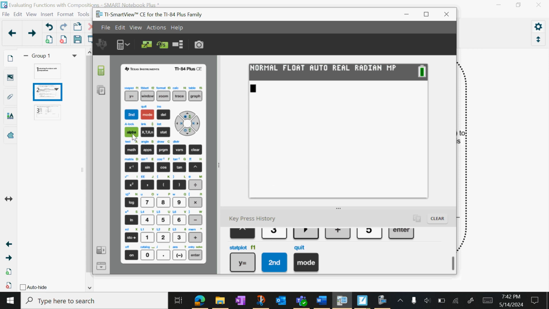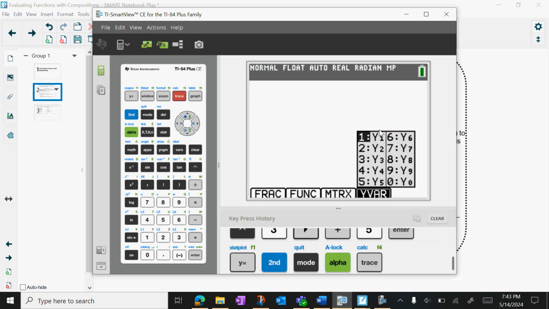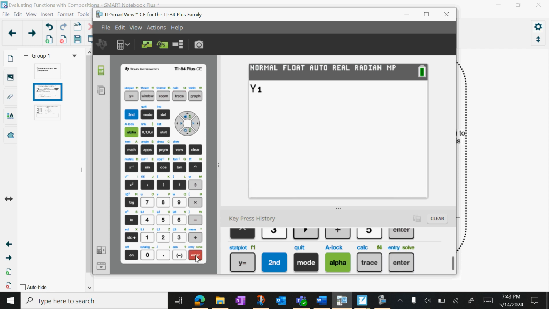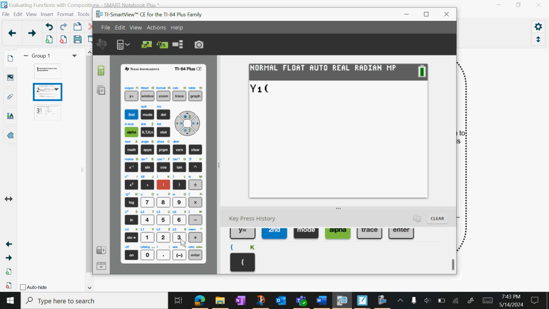Now I'm going to hit alpha trace y1. So this tells your calculator that I'm taking y1, which we put the function 3x cubed plus 5 in. I'm going to open up parentheses and put 3 in parentheses, so we are evaluating the function when x is equal to 3, and hit enter. We're going to get 86.